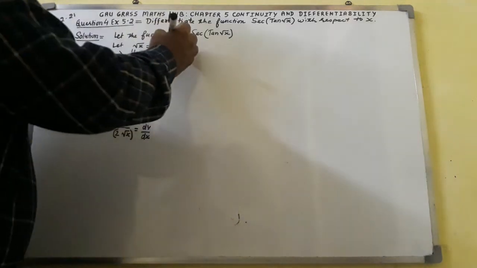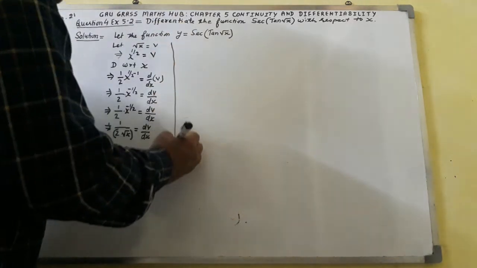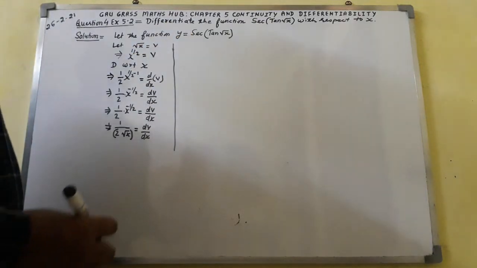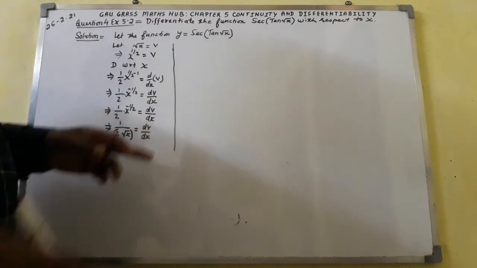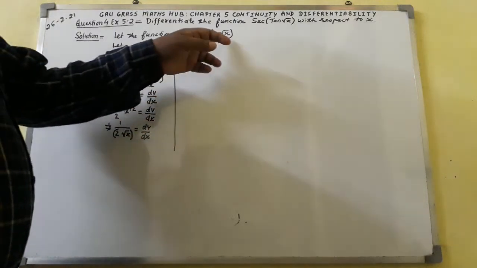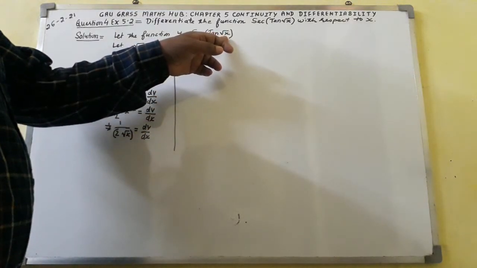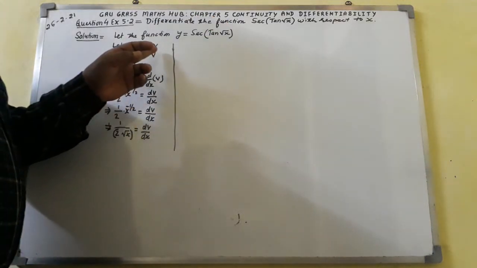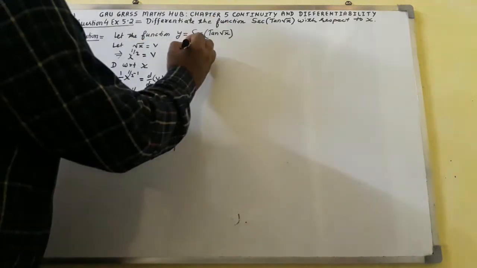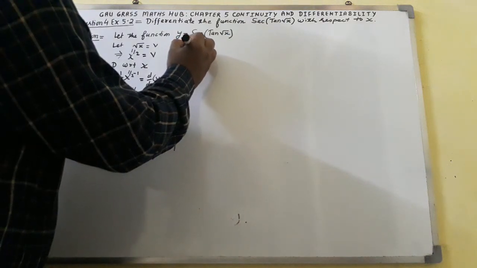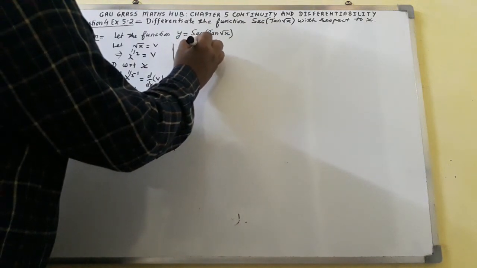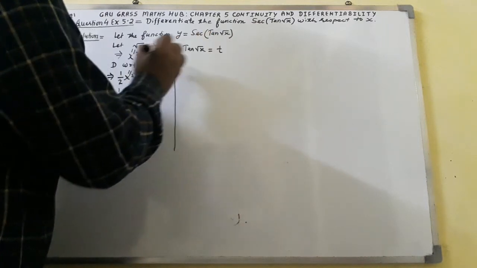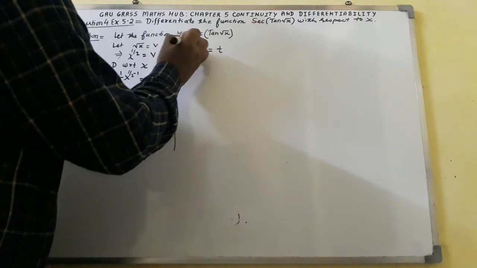Now again I shall do this. Here you can see √x can be written as v. So here if I write tan √x equal to t, let this one.